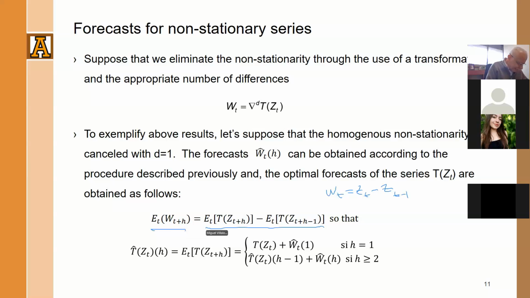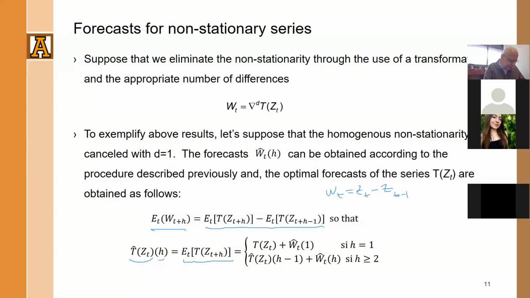So the optimal forecast of the transformed Z_t h periods ahead will be the conditional expectation at time t of the transformed Z_{t+h}. And it's the same reasoning that we used earlier. If h is equal to 1, that will be the transformed series at time t minus its optimal forecast one period ahead.